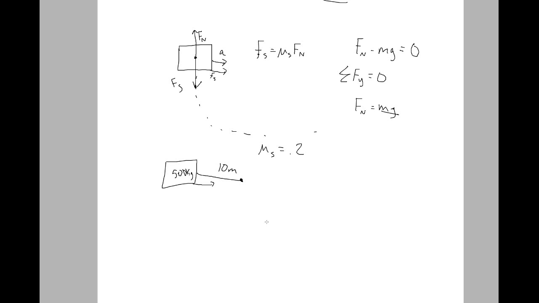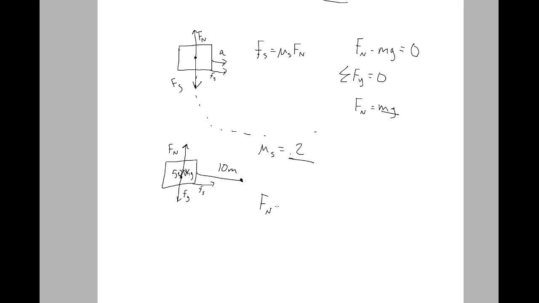Okay. And I want to know what is the max speed I can take that turn with this coefficient of static friction. So again, we do our free body diagram. I've got the force due to gravity, and I've got my normal force, and I've got my force due to static friction. So my normal force is going to be equal to the force due to gravity.